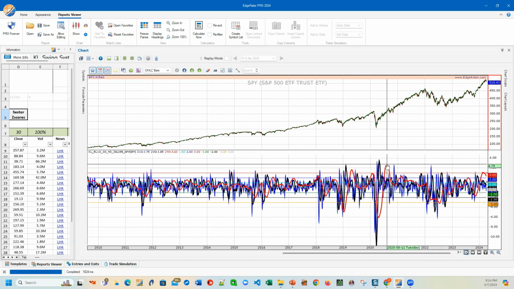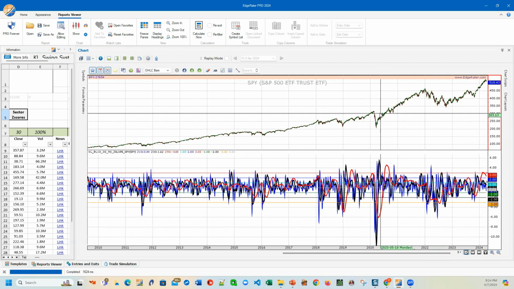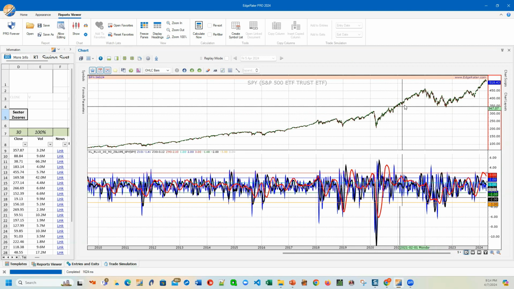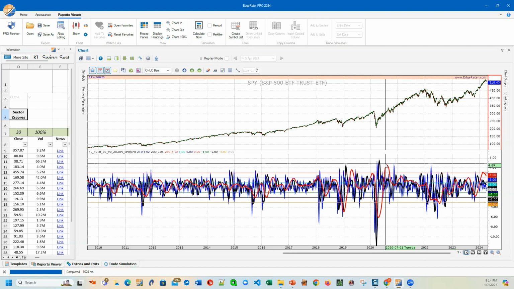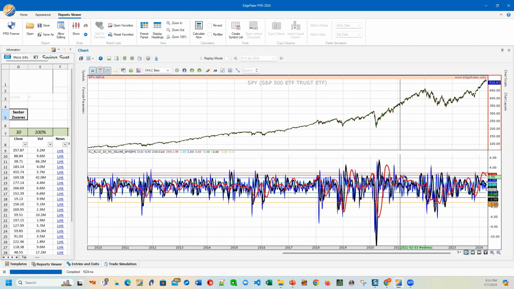But what I observed is, you see how the slope of the price is rising, and the peaks of the RL90 are declining.